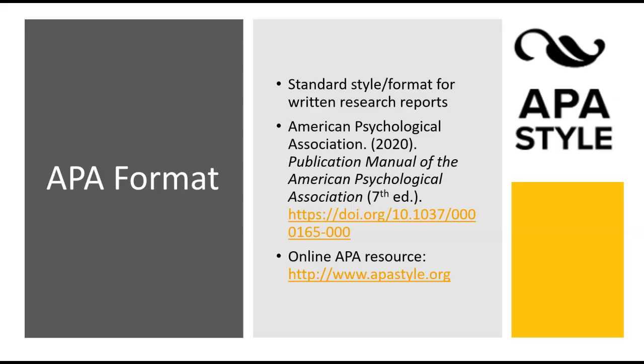If you are accustomed to using a variety of reference generators and citation generators that are available on the web, be very careful. They may or may not be up to date in terms of the APA 7 guidelines for references and citations and a variety of other tools that you may use.